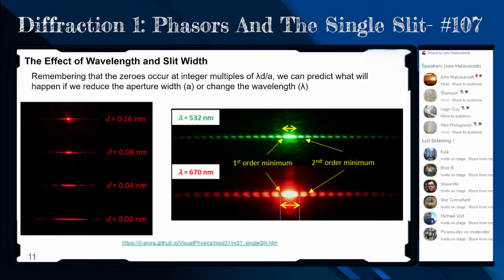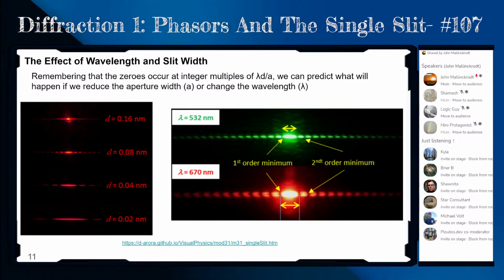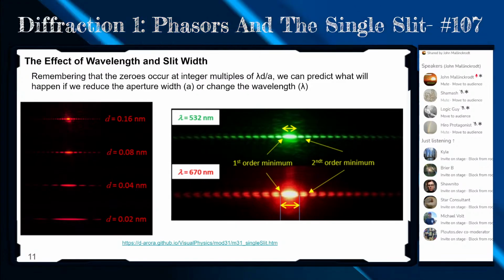In the diagram at the left, the top line is a wide aperture. Notice it's 0.16. It says nanometers, but I don't think I believe that. I think that should be millimeters.